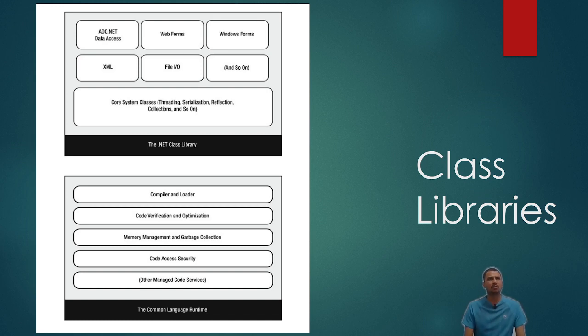So class libraries are basically single-purpose or multi-purpose blocks of code that can get integrated directly with your code. You can have predefined libraries with this. The rest of the things here we'll cover in the next slide.